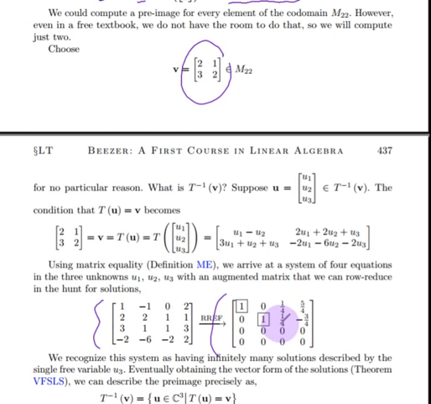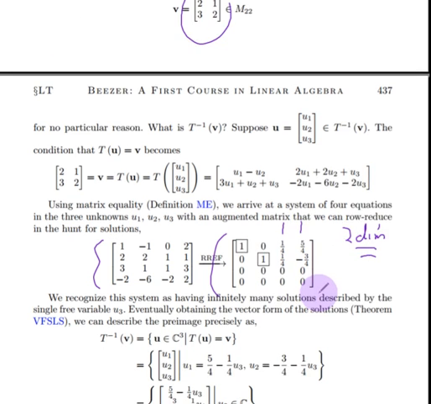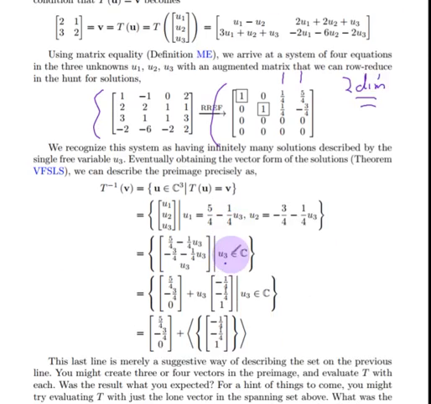We can use this to find the most general case. Now we have 2 non-pivot variables. We can see that the solution set is going to be a two-dimensional set. Okay.